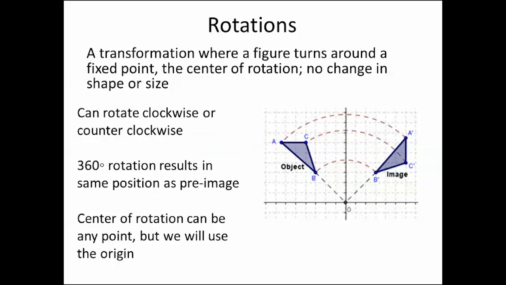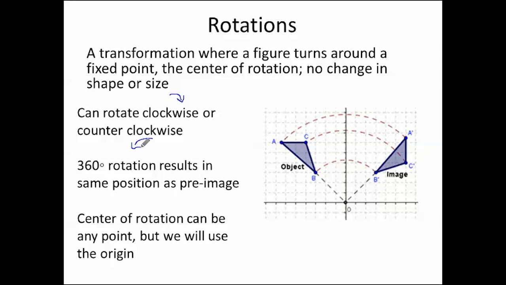When we are doing our rotations, we can turn it clockwise or counterclockwise. It's important to remember clockwise is going to be turning it this way. Counterclockwise, we're going to be turning it the other direction.